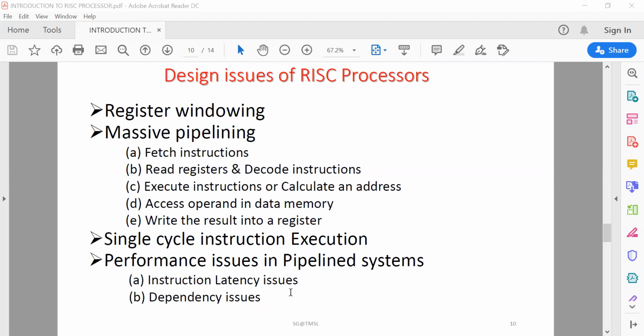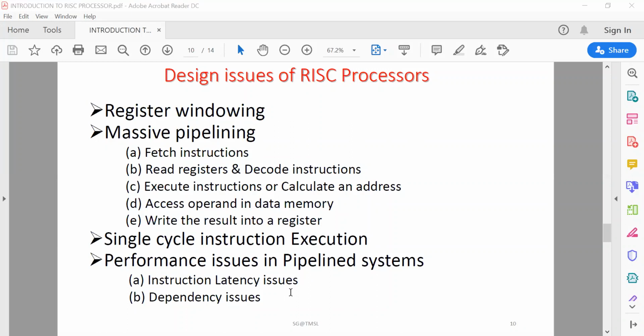Now one problem that RISC designers confront is that because of improper choice of instructions, the processor's performance can really get degraded to a large extent, since each instruction takes some amount of time to store its result, and several instructions are being handled at the same time.